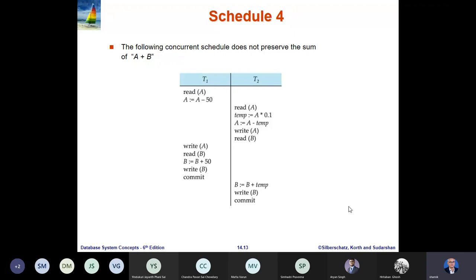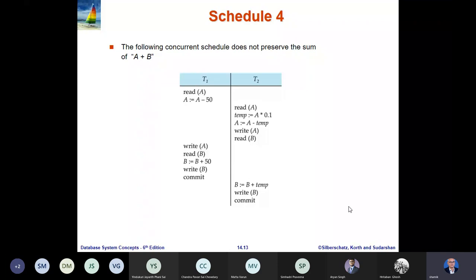Why? Because if the transactions indeed were executed in isolation, meaning they were executed serially, T1 followed by T2 or T2 followed by T1, or if there are more transactions, T1, T2, T3 or T2, T3, T1, all possible permutations, and if the schedule was equivalent to any one of them, it was okay with us.